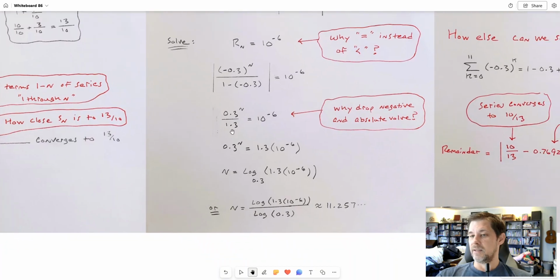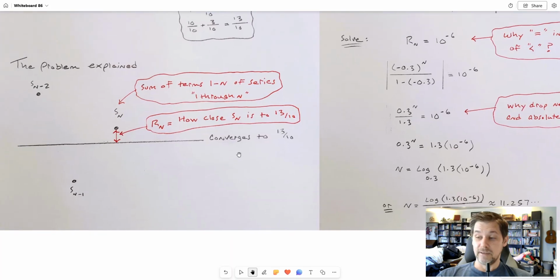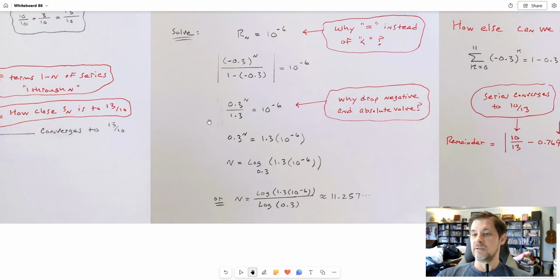Now, I'm going to solve this. I want to solve for n, because if I solve for n, that will tell me how many terms I'm going to need to get acceptably close to what the series converges to. To solve for n, I'll multiply both sides by 1.3. And then because the n is an exponent, this is the kind of equation you solve with logarithms.